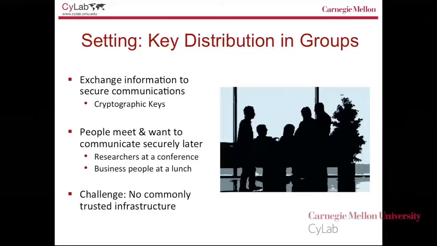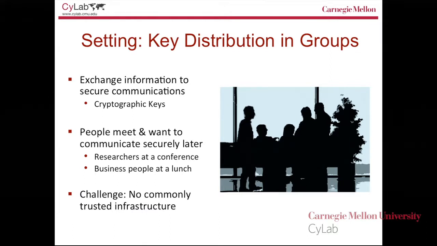What we're really talking about is a setting where we want to exchange information to secure communications. We might exchange a cryptographic key to do that. We want to leverage this digital exchange of information, and prevent sharing that digital information in such a way that someone can alter it.